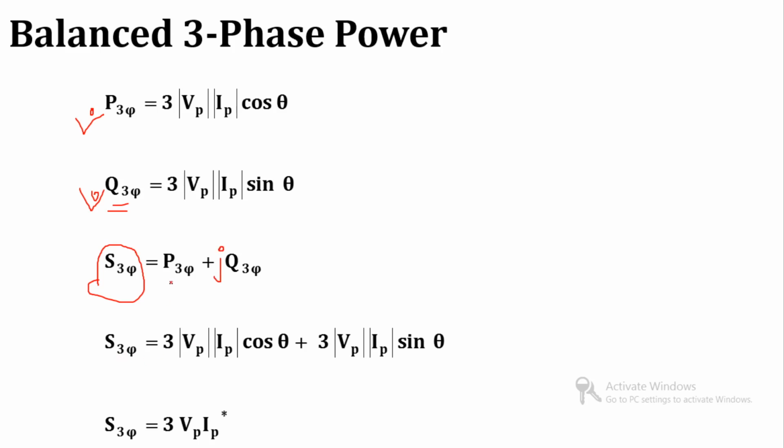So I will replace P 3-phase by 3VpIp cos θ plus j 3VpIp sin θ. If I write in apparent power mode, then S 3-phase is equal to 3 Vp Ip conjugate. So this is the 3-phase apparent power we have written on the basis of active and reactive power.